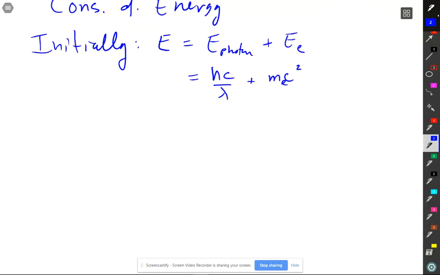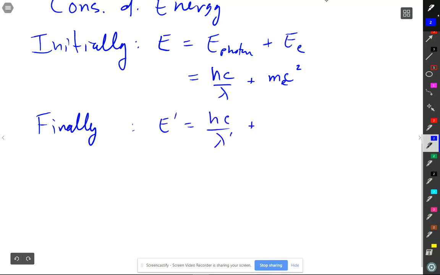And then we're going to end with that relationship, right? Total energy equals total energy.